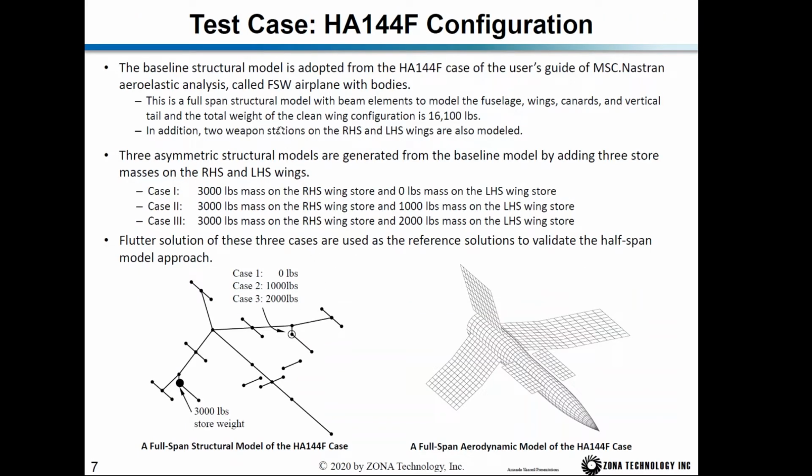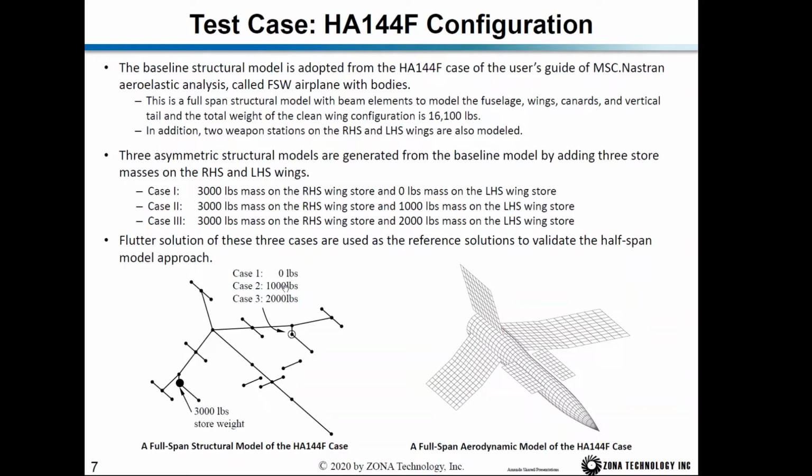So the sample case is called HA144F, and we first generate a full span structure model and full span aero model. On the right hand side wing, we have a store mass, a store weight of about 3,000 pounds, but on the left hand side, we have three different store weights.